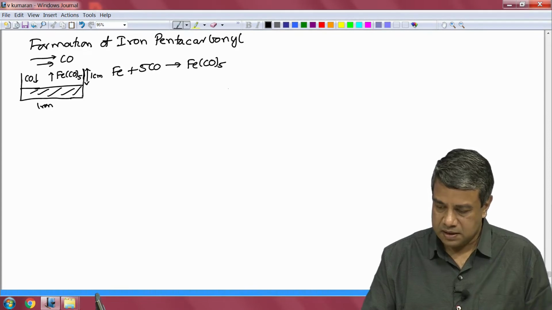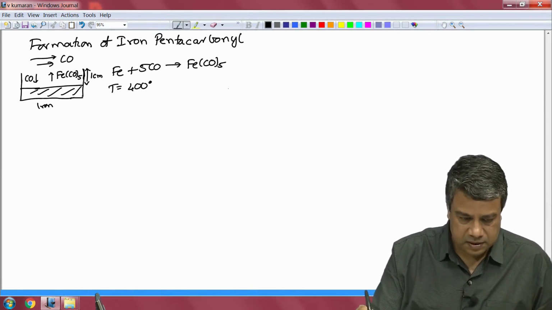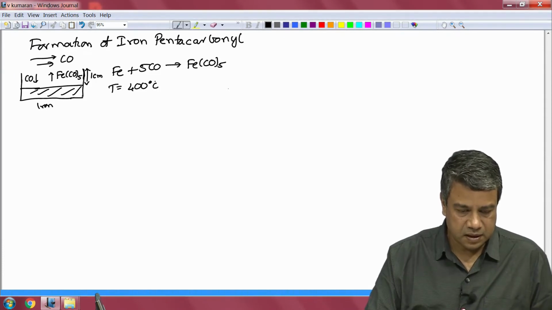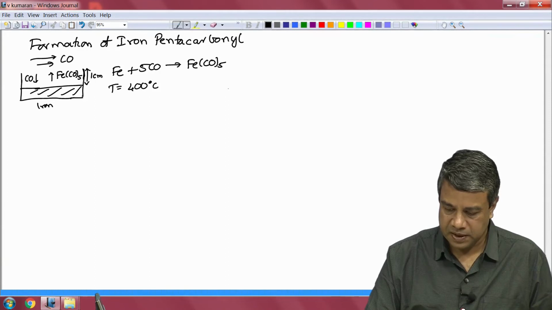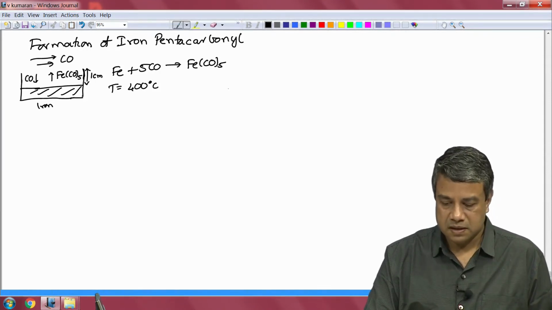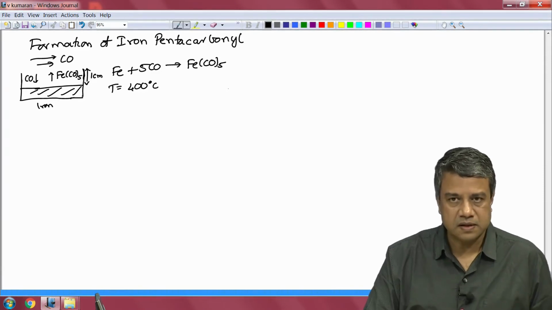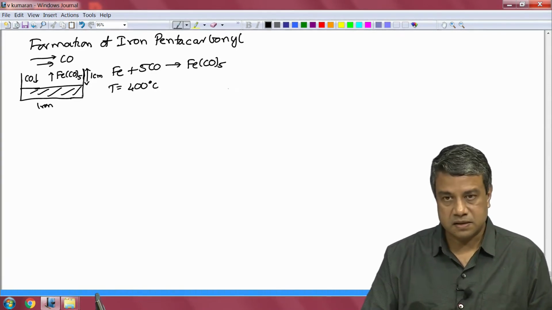This takes place at a temperature of about 400 degrees centigrade. And for the present, we will assume that the reaction is very fast, so that the carbon monoxide concentration at the surface is equal to 0, because the carbon monoxide instantaneously gets consumed as soon as it comes to the surface.